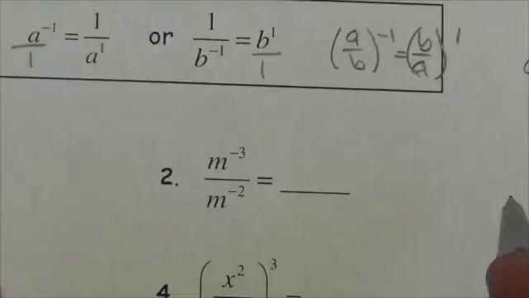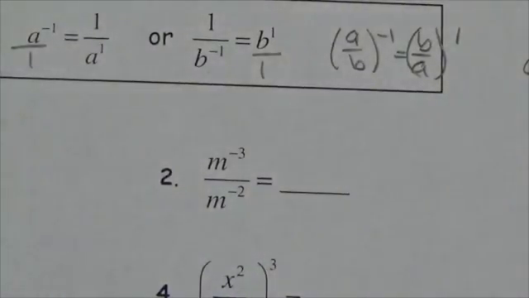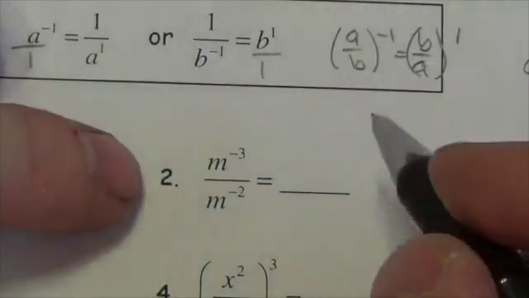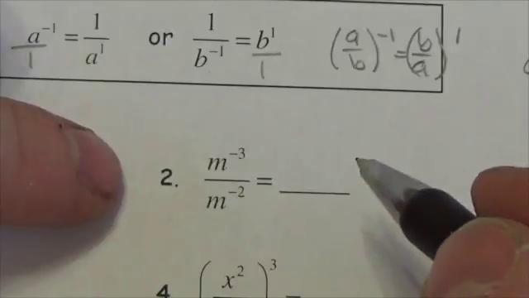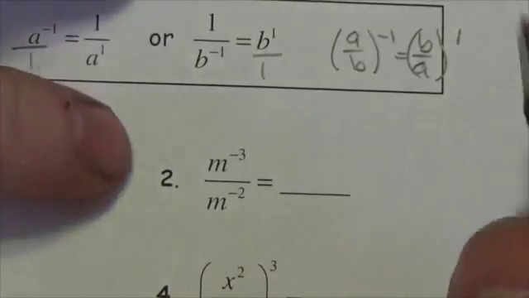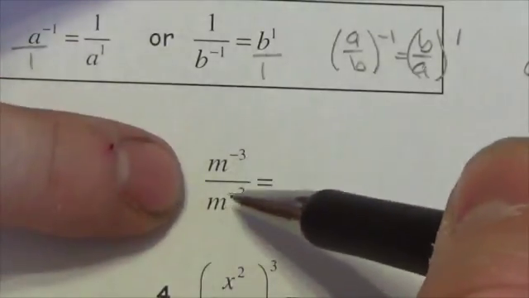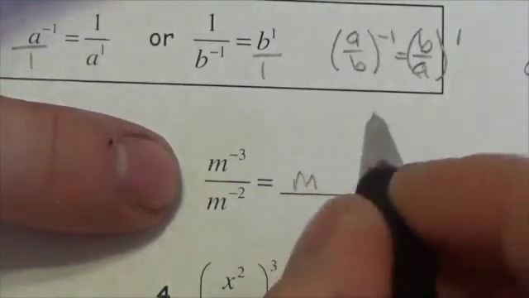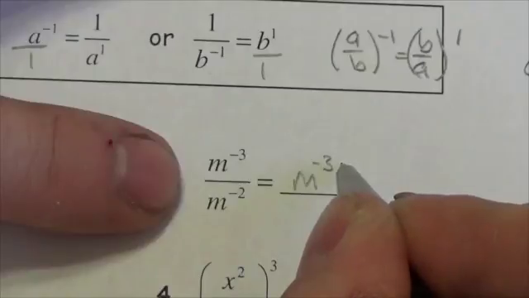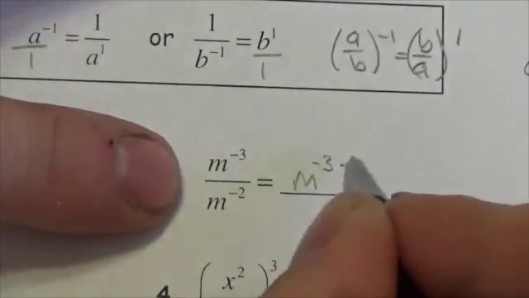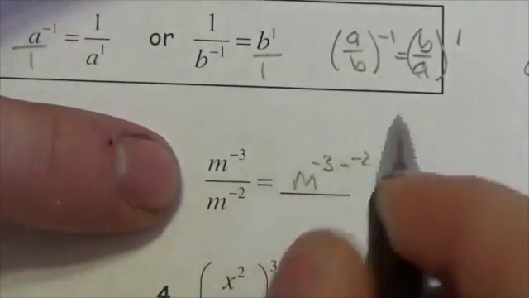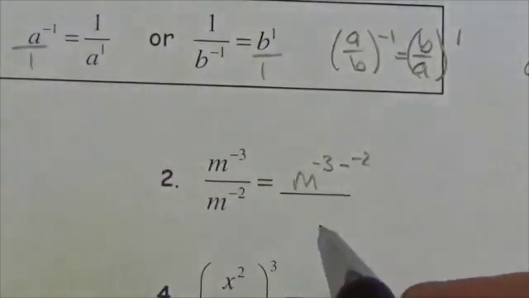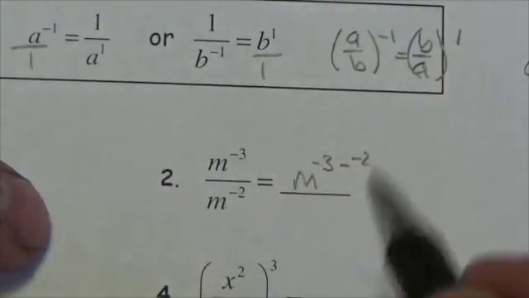Over here, now, this is a bit of a tough one, because this is what I would do with this one. First of all, I'm seeing the division here. I've got a power of m divided by power of m. I would see this as m to the negative 3 minus, for the division there, negative 2, because that's the exponent in that term in the denominator.